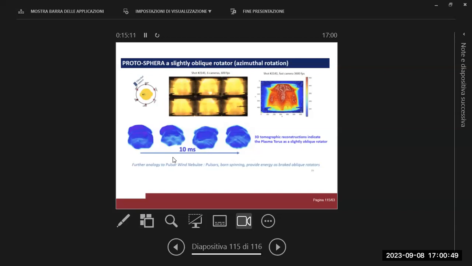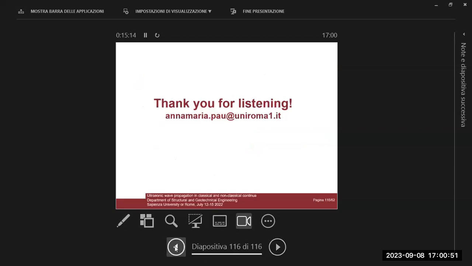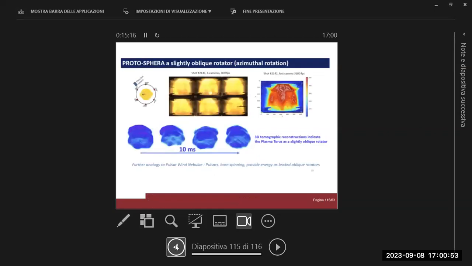Yes, that's the end of the story. And our friends at Enea say that this is the first time people managed to observe that plasma is actually rotating.